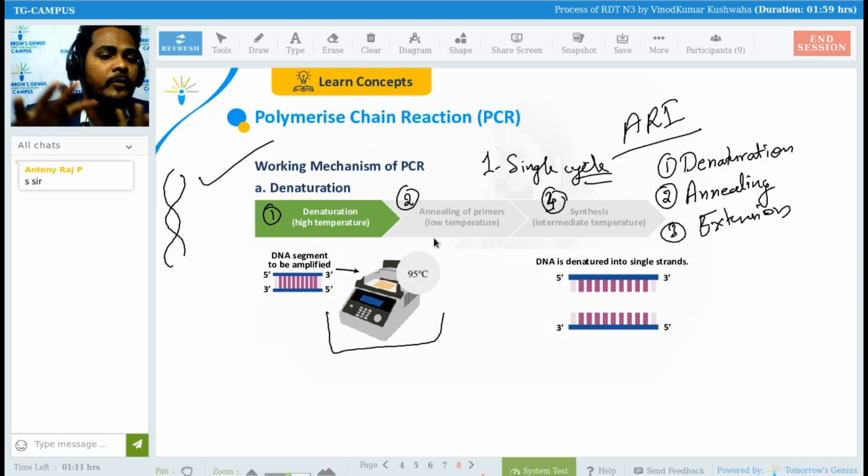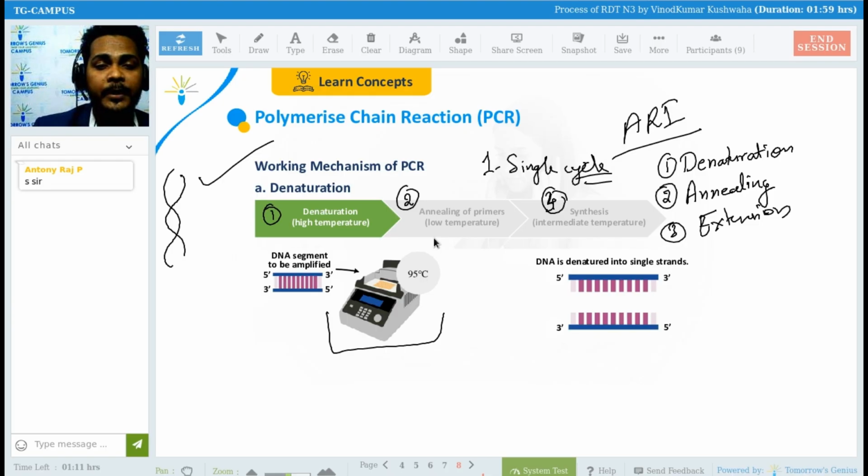You have to keep a high temperature so that the DNA separates from double stranded to single stranded. So in the denaturation step, the target DNA is heated at high temperature.